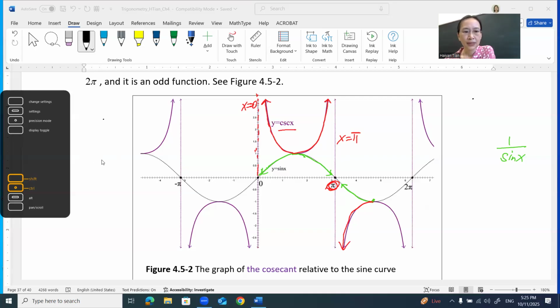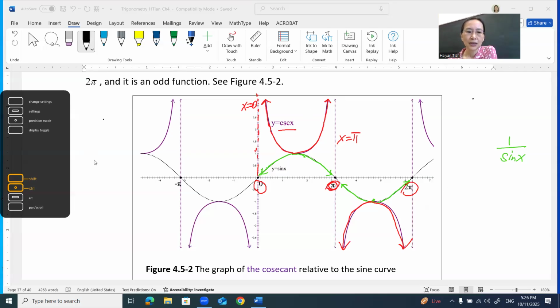So similarly, when the sine function is negative, coming to 0, then the reciprocal of that quantity is becoming more and more negative. So we have this. You can see this is the one period, and all those vertical asymptotes when x is 0, pi, 2 pi, 3 pi, etc.